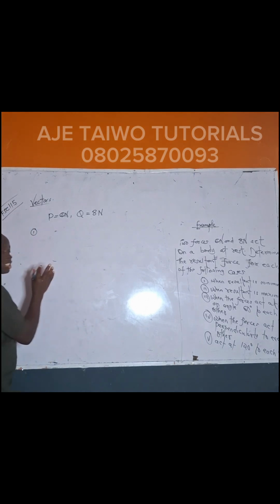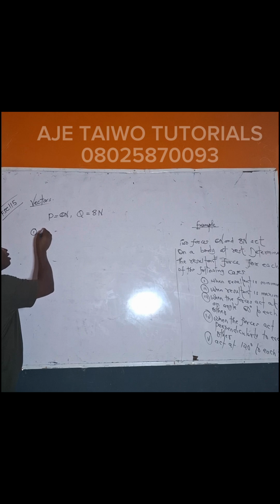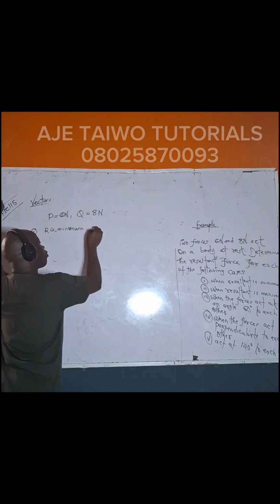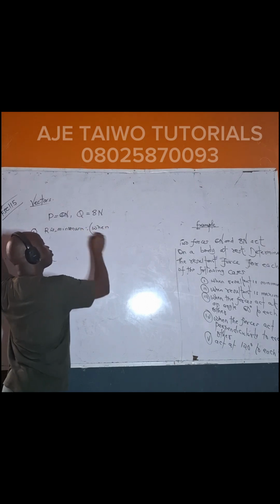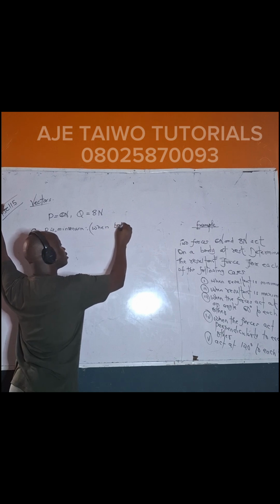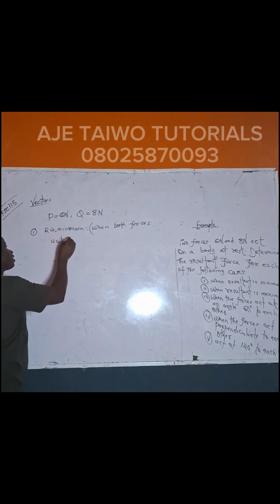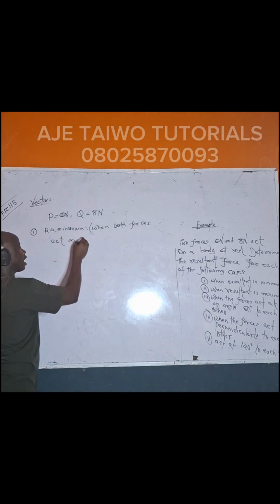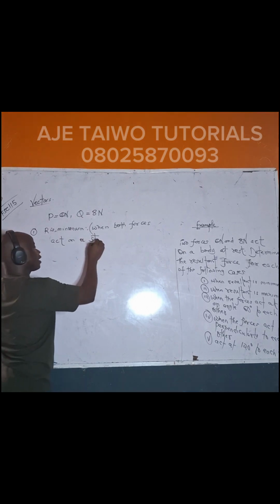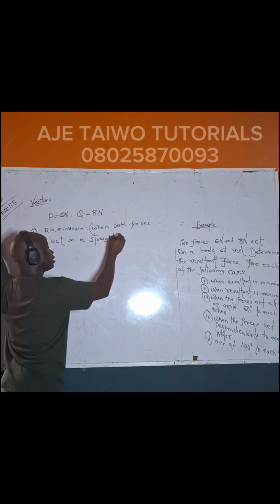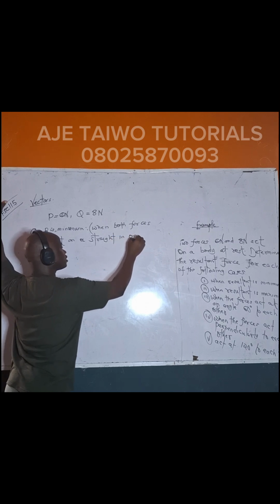Now, watch please. Another way of saying, instead of saying when R is minimum, is that they will say when both forces act on a straight line in opposite direction.